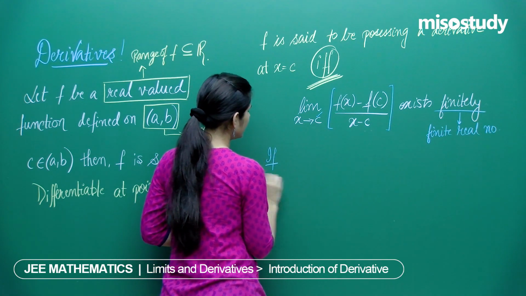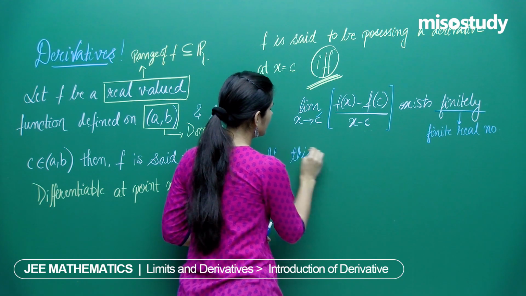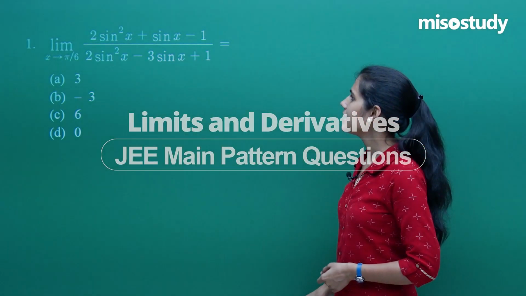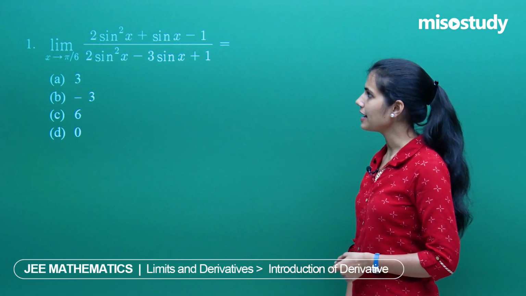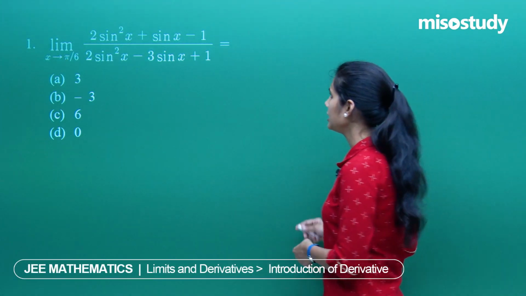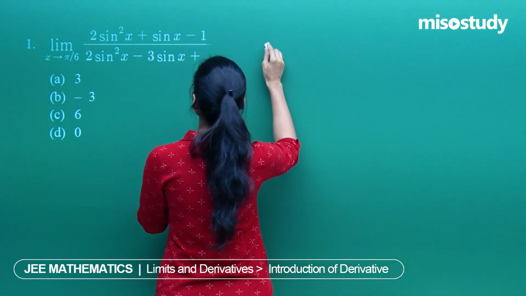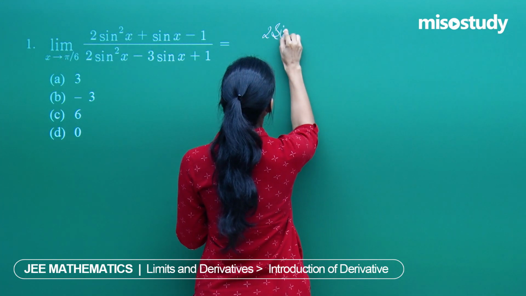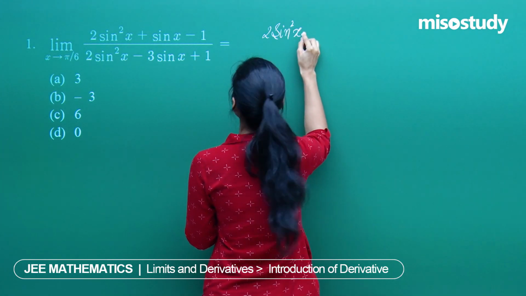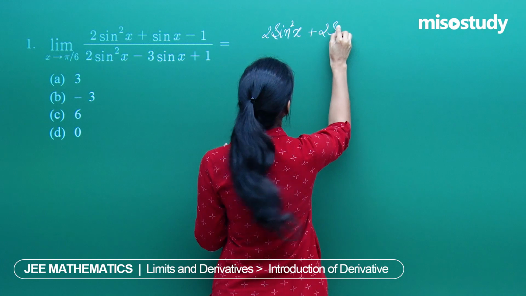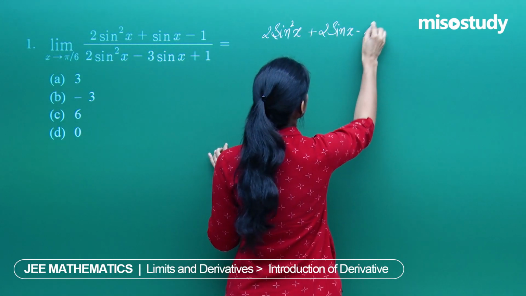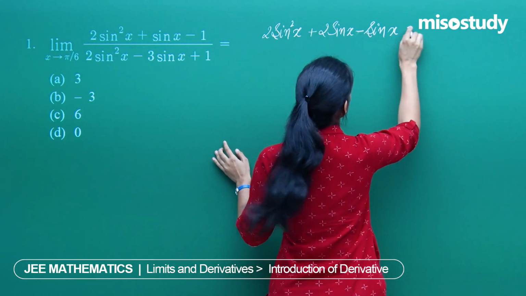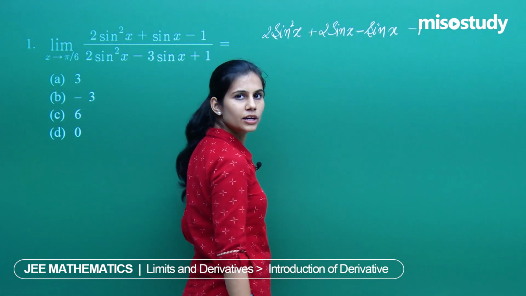The first question is talking about limit. It says limit x tends to pi by 6. What is the value of this particular function? Now see, over here it's pretty simple to understand. The numerator will be broken as 2 sine square x plus 2 sine x minus sine x minus 1, right?